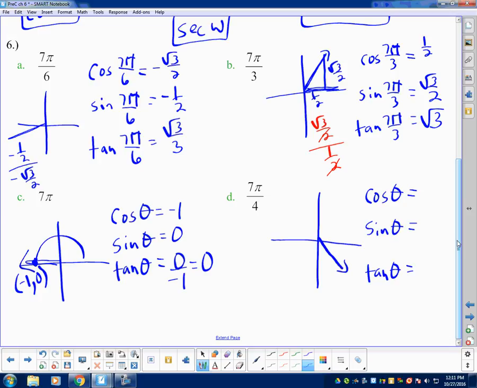Those are nice. It's either 1 or -1. So cosine of theta is positive root 2 over 2. Sine of theta is negative root 2 over 2, because I am below the x-axis. Tried to draw it so it looks like it's right at that 45-degree reference angle. And then tangent of theta is a ratio of these two. It's going to be -1, yeah.